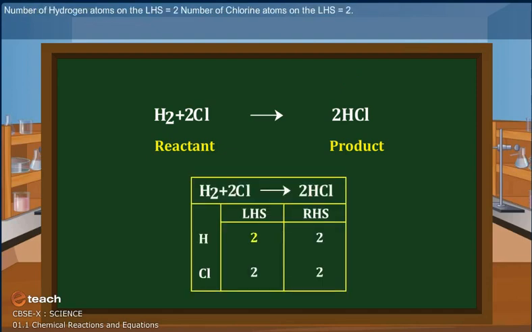Number of hydrogen atoms on the left-hand side equals 2. Number of chlorine atoms on the left-hand side equals 2. Number of hydrogen atoms on the right-hand side equals 2. Number of chlorine atoms on the right-hand side equals 2. Hence, this is a balanced equation.